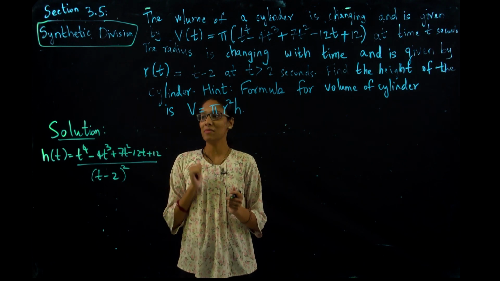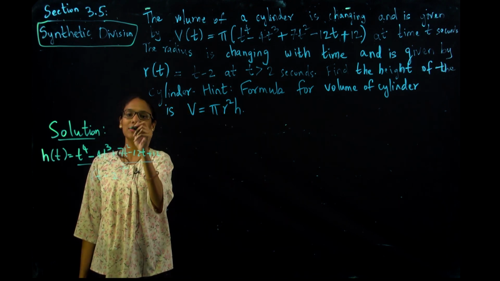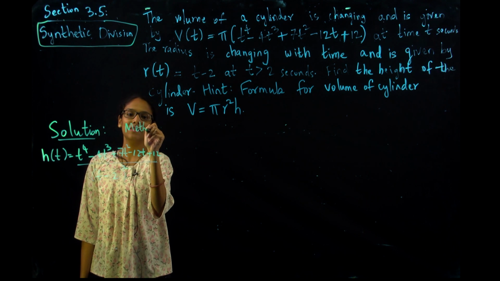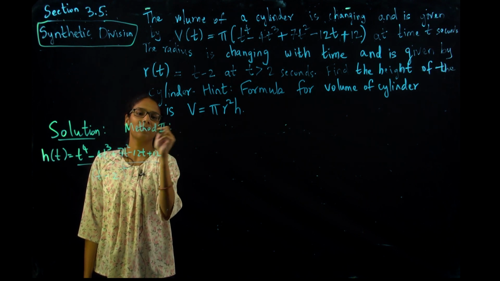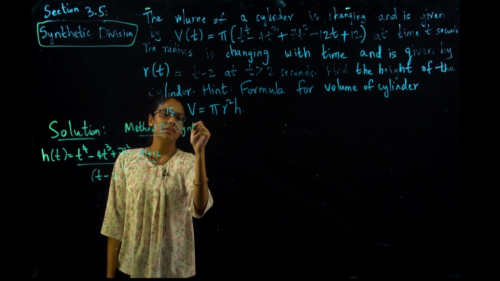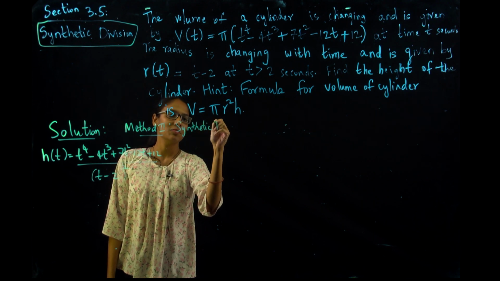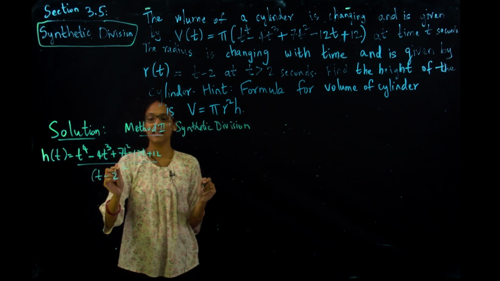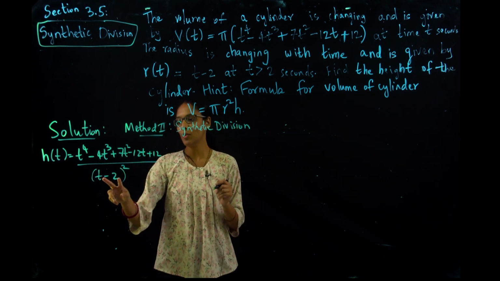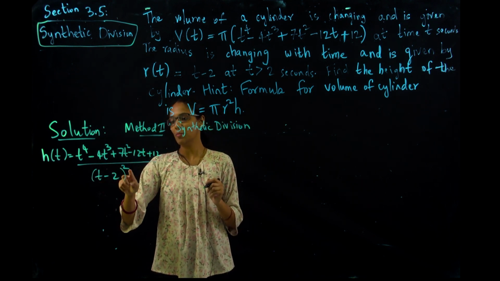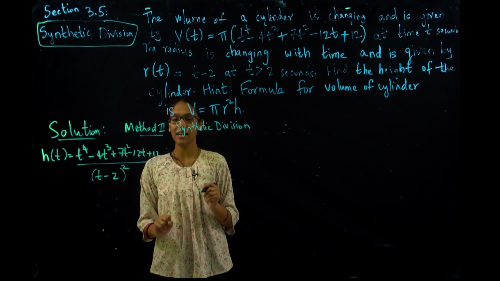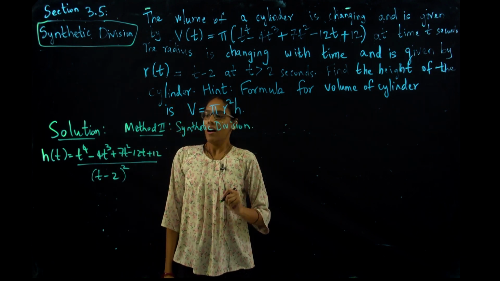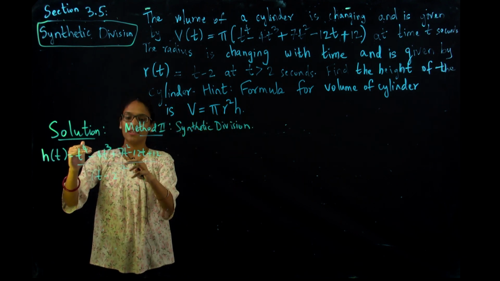So let's look at method 2, where we are going to see synthetic division. Synthetic division can be used if you're dividing a given polynomial by a linear polynomial. Linear polynomial meaning you cannot have a power of 2 or higher over there. So how we do this is we are going to split this into two steps.